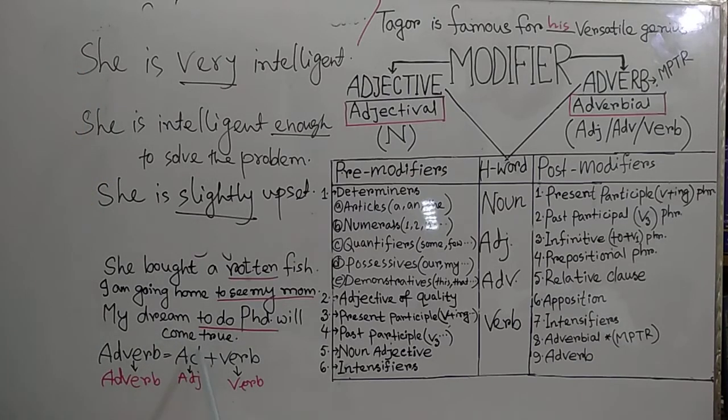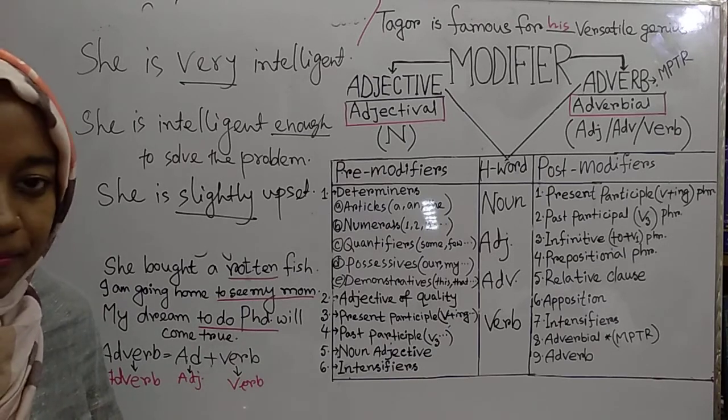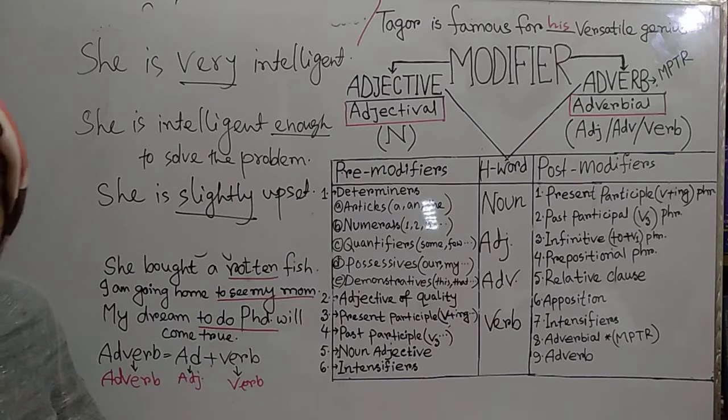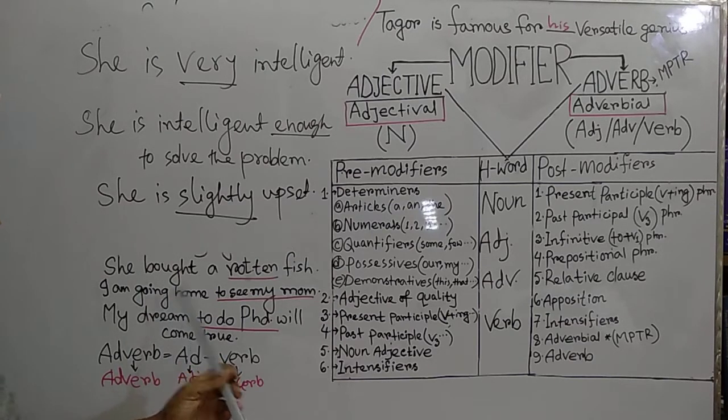And in the second sentence, to do PhD is also an infinitive phrase, but here it gives extra information of the noun my dream. So here it has been used as the post modifier of the noun. In the first sentence, this infinitive phrase has been used as the post modifier of the verb, and in the second sentence, it has been used as the post modifier of the noun.